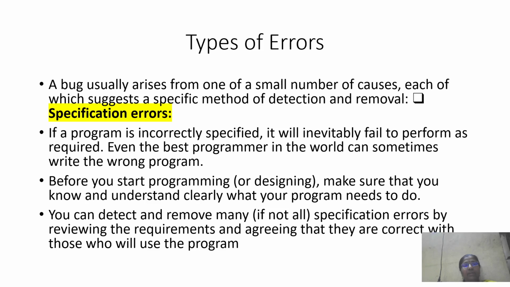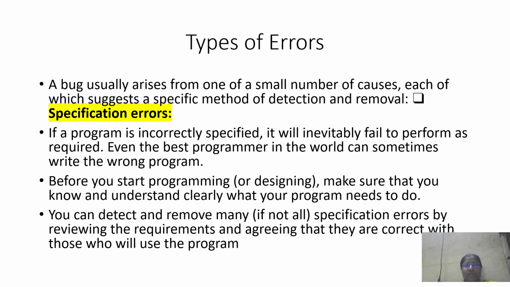What are the types of errors that might happen in your code? A bug usually arises from one of a small number of causes, each of which suggests a specific method of detection and removal. If your program is incorrectly specified, it will inevitably fail to perform as required. Even the best programmer in the world can sometimes write the wrong program.